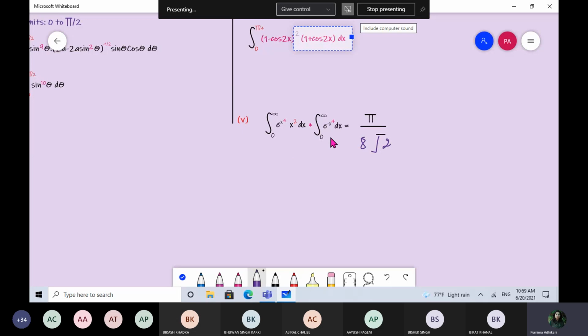So look at these integrals. What type of integral are they and how to go for it? Just think about it. Look at question number next, the 5th part. This is the gamma function.